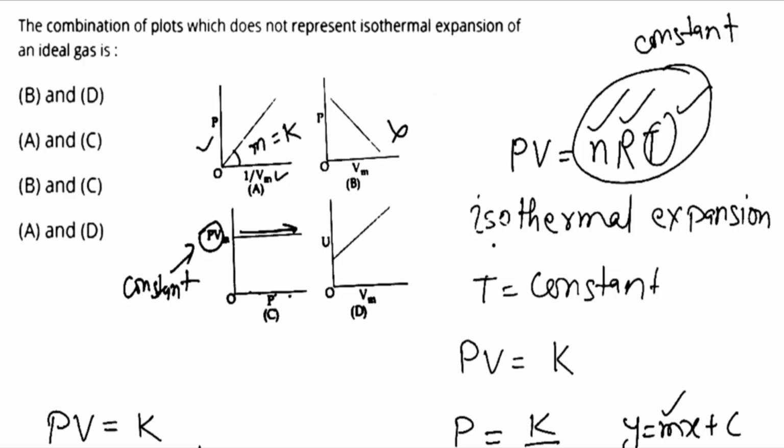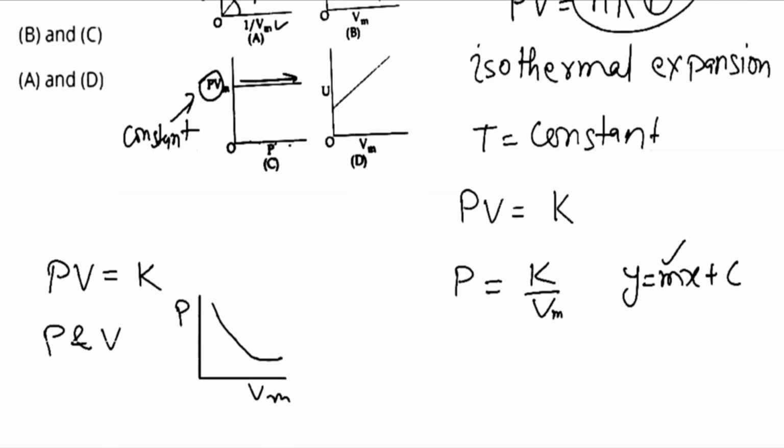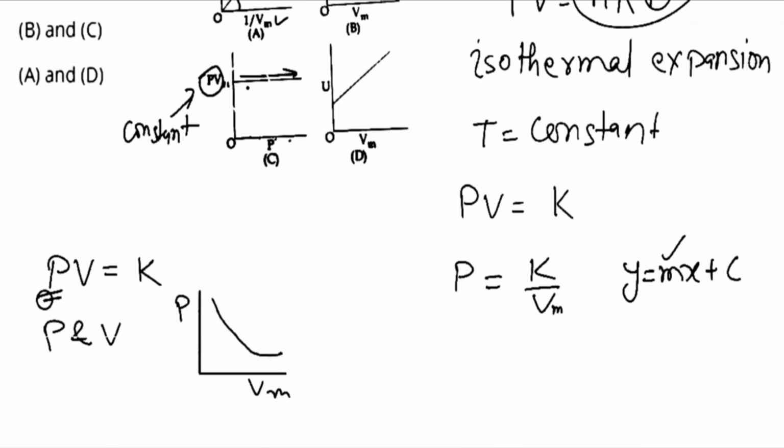As the whole term is constant, it will not change even if P is changing. The whole term will always be constant, so this graph is correct.